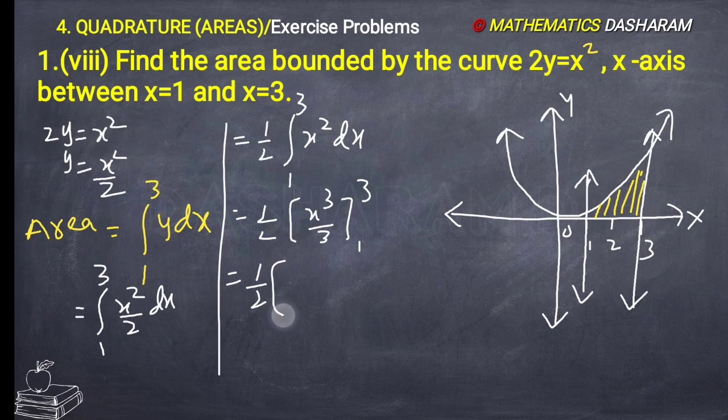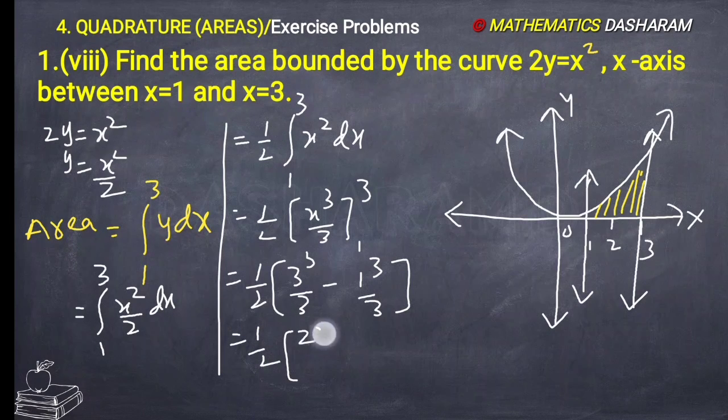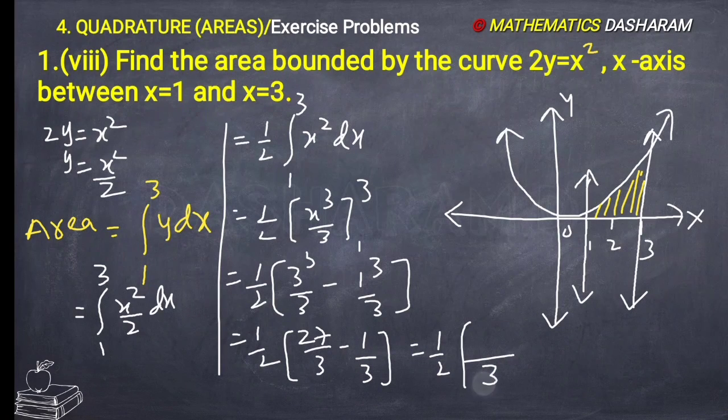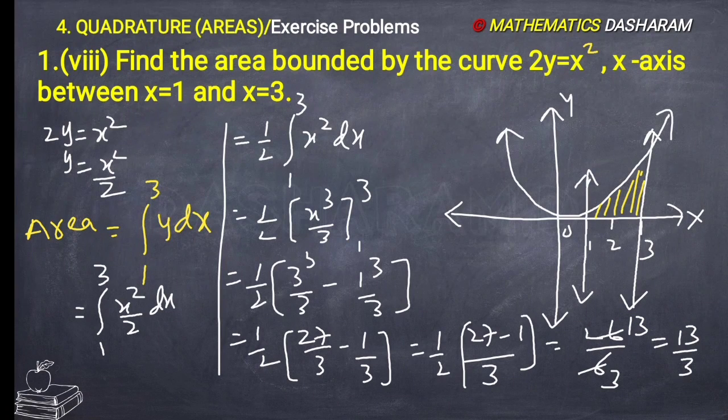So 1/2 into 3 cube by 3 minus 1 cube by 3. So 1/2, 3 cube is 27 by 3 minus 1 by 3. So 1/2 into LCM 3, 27 minus 1, 26 by 3. 2 twos are 2, 2 13s are 26, so 13 by 3 square units.